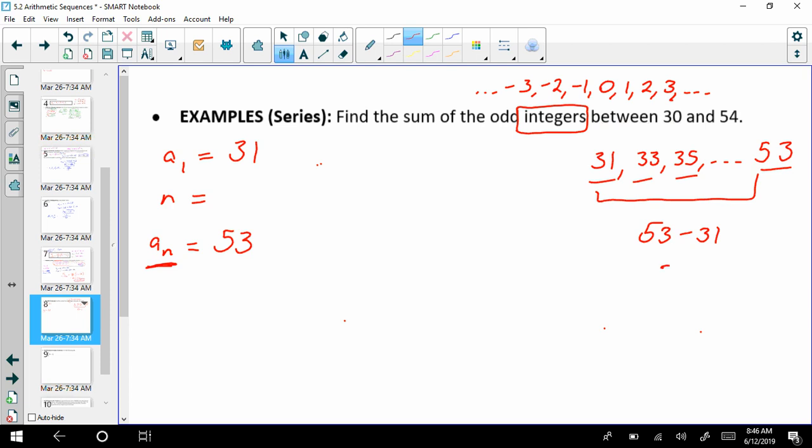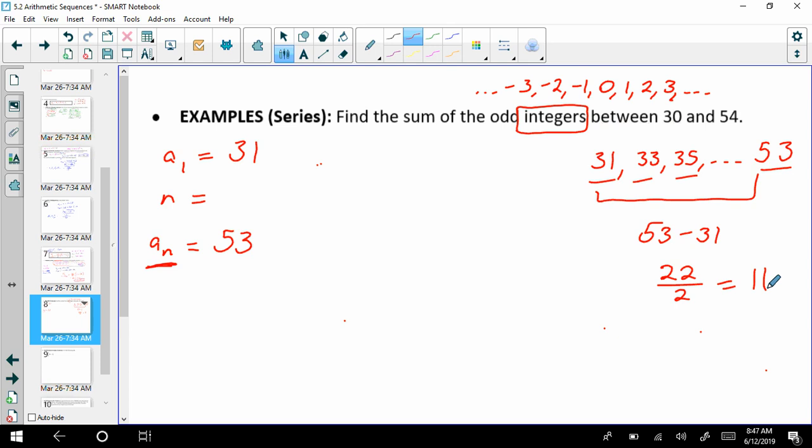Well, that comes out to 22. But I want to divide it by 2 because I only used the odd numbers, right? So there's 22 numbers between 31 and 53, but I'm cutting it in half because I'm only looking at the odds. So you might think, oh, there's 11 numbers.